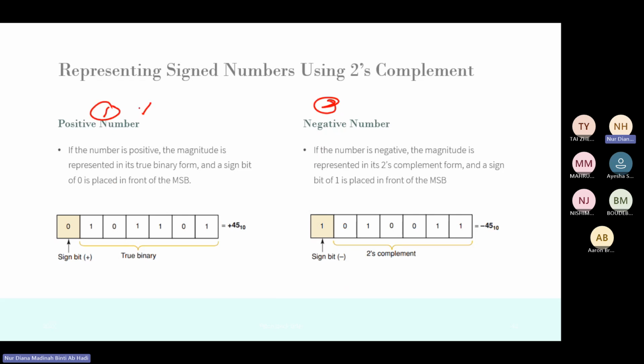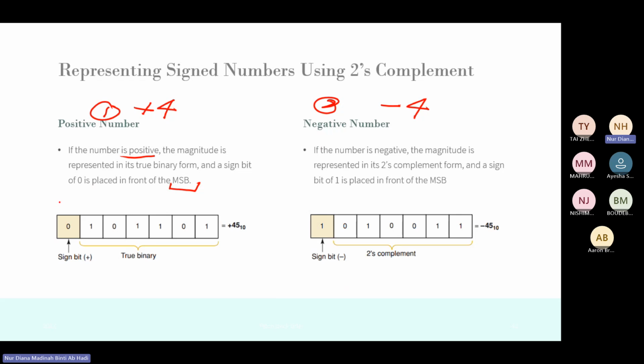Positive numbers, usually we put a positive sign in front, plus 4, negative 4. If we want to identify whether a number is positive or not, usually they will add a 0 at the front of your most significant bit.